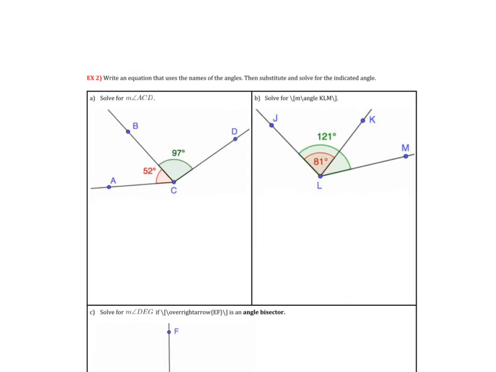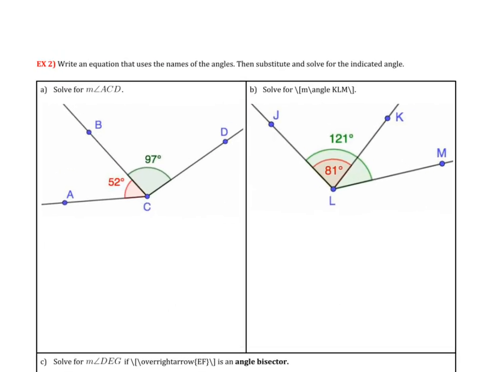All right, let's go ahead and go over our last set of examples. So in example 2, it says to write an equation that uses the names of the angles. Just like we did before with names of segments, now we're using names of the angles instead. And then they ask us to substitute and solve for the indicated angle. So in part A, it's asking us to solve for the measure of angle ACD. So here is angle ACD. As we can see in the picture, ACD is the whole angle, and I can mark it like so to remind myself.